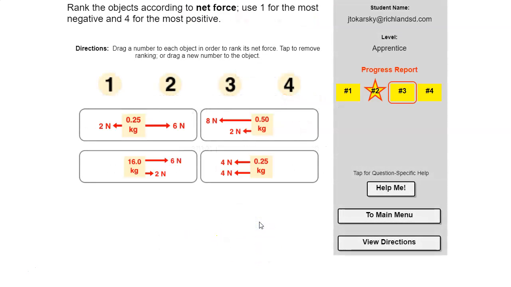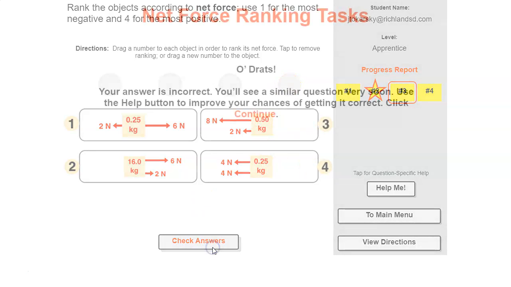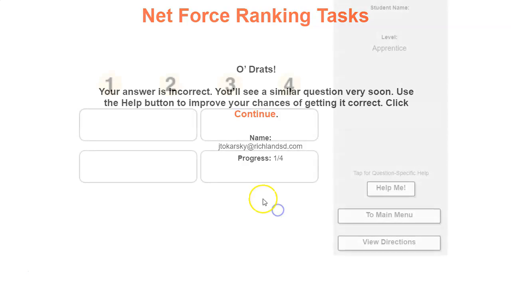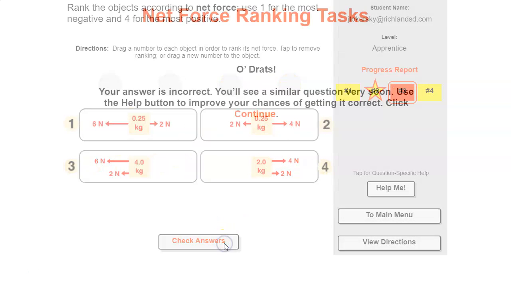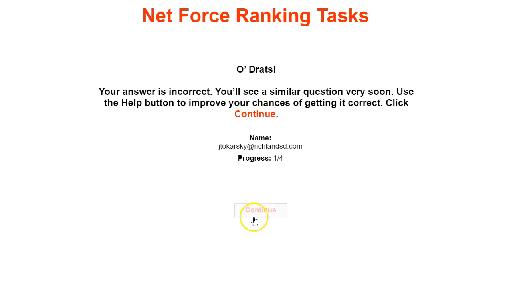I'll do one more. I'm not going to do this one because it says net force again. I want to do one that says acceleration. I'm going to randomly rank these. I don't care if I get it right or wrong, because I just want to go to the next question. Oh, drats, I missed it. Oh well. Let's get another one. It says net force again. This is just like the one we did, so let's see if I can get an acceleration one here.